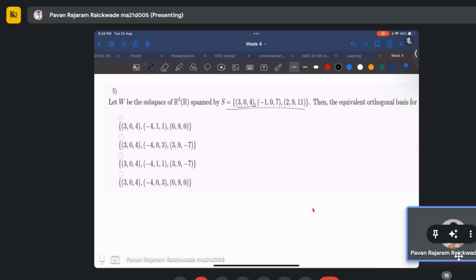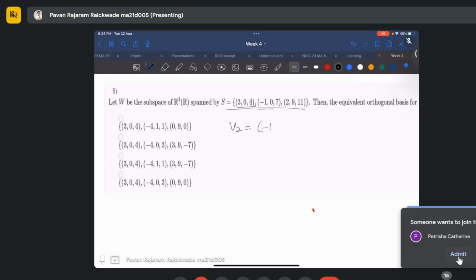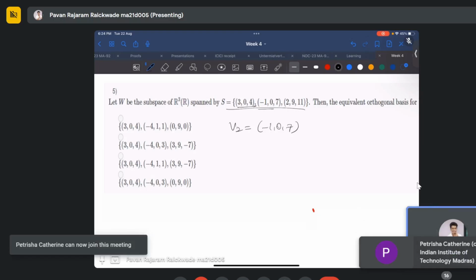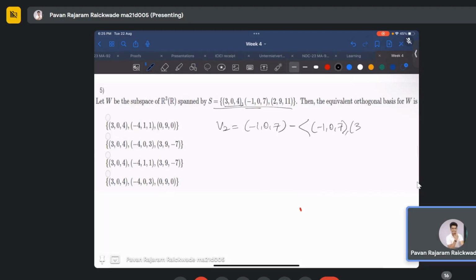You have the first vector as 3, 0, 4. For the equivalent orthogonal basis, you want to find the second vector. v2 will be u2, that is minus 1, 0, 7, minus the inner product of minus 1, 0, 7 with the first vector 3, 0, 4, divided by the inner product of the first vector with itself.